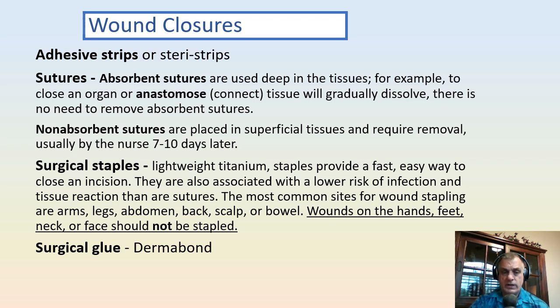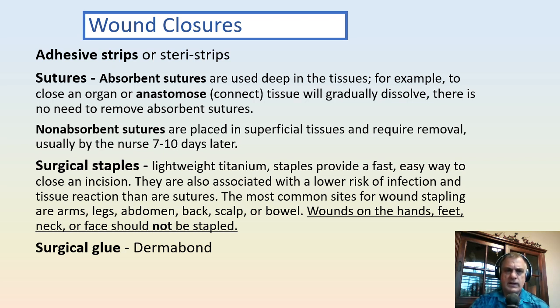Otherwise, they can create problems. No more than 10 days, those non-absorbent superficial sutures will come off of the skin using suture removal scissors, okay? And we have those in par carts, and every hospital has those.